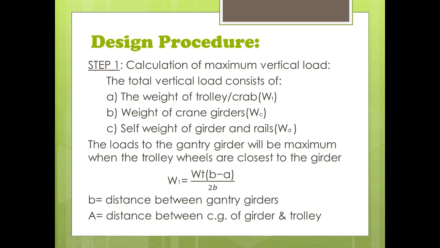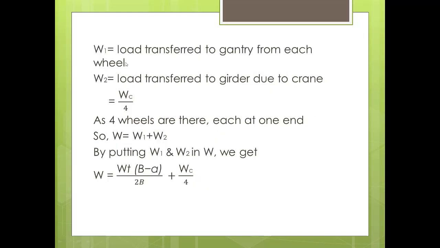Small a is the distance between CG of girder and trolley. W1 is the load transferred to gantry from each wheel.